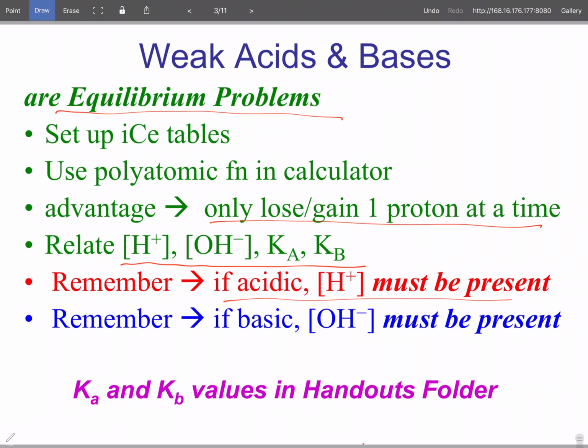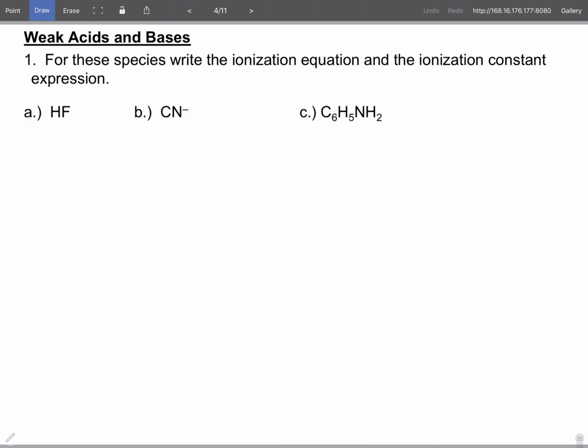If it's acidic, you must have H plus, but if it's basic, you must have OH minus. And if you have OH minus, you're not going to have H plus, and vice versa. So these are simple problems to work. They're kind of fun, other than the whole FOIL thing. But we've got to get started with the ionization equation and the ionization constant.